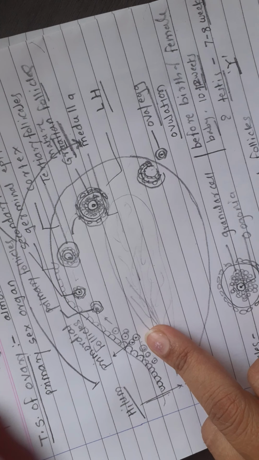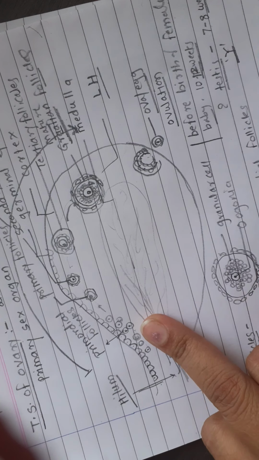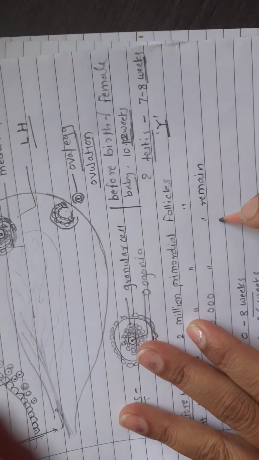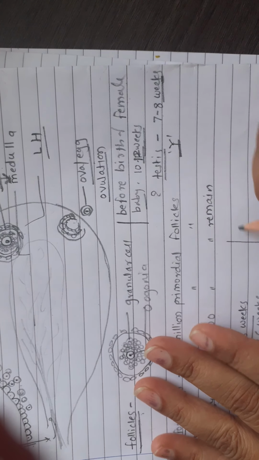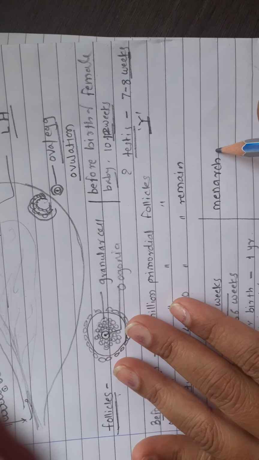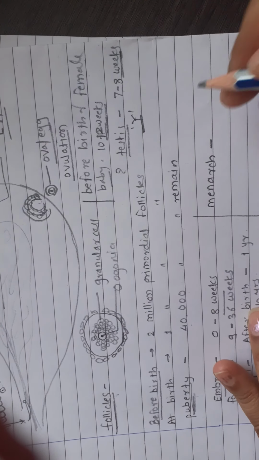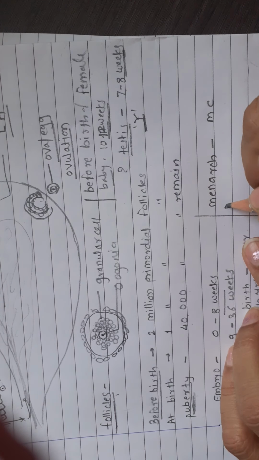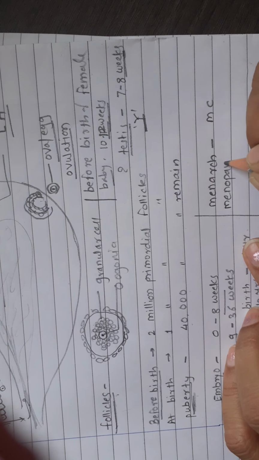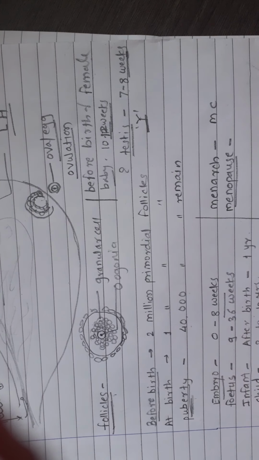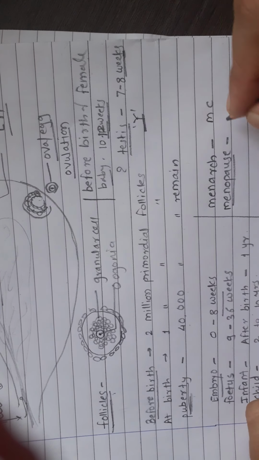What is a menstrual cycle? We will discuss it in detail. The start of the first menstrual cycle is called menarche, meaning the beginning of the first menstrual cycle, and the stop of the menstrual cycle is called menopause.